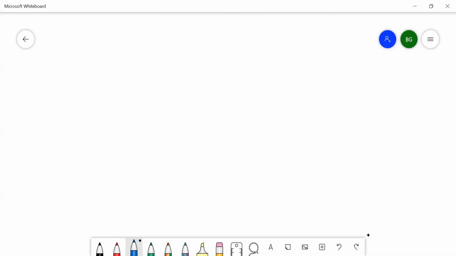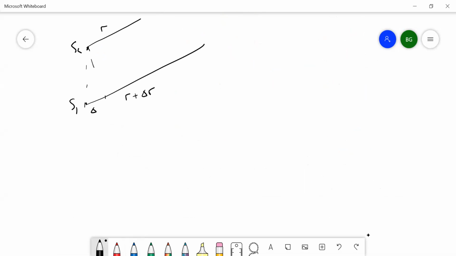So basically, this is S2, this is S1, and this is R, this is R plus delta R, and this is theta.